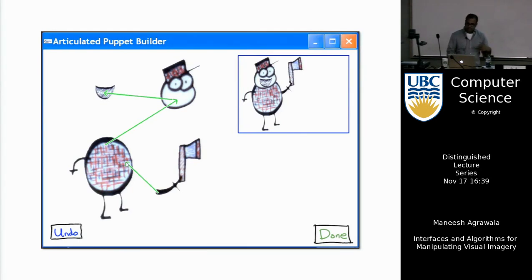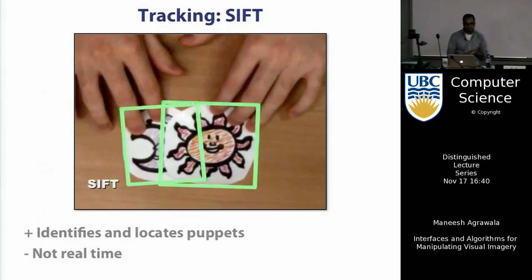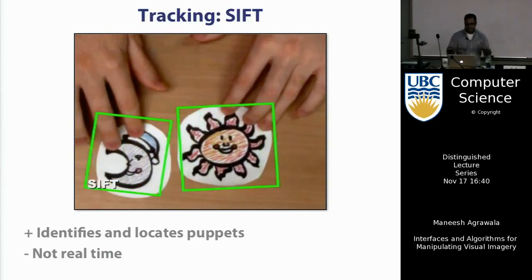And then in order to really create these animations, the key technologies here are that we need to be able to track the motion of the puppets as the person is moving them under the camera. And so we rely on a combination of techniques. The first one is SIFT, which I know everyone here is familiar with.